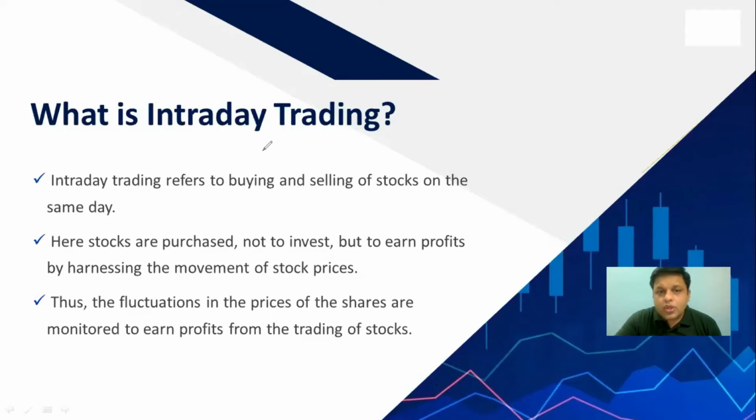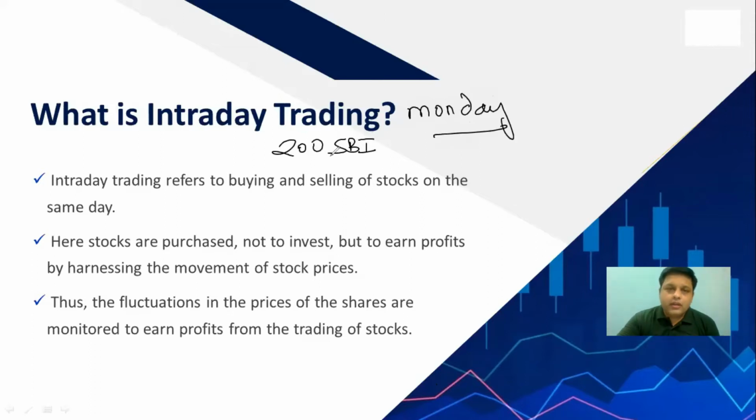Suppose you have bought 200 shares of SBI on Monday. When are you going to get your delivery of these 200 shares? On Wednesday, right? That means T plus 2, Wednesday you are going to get it.